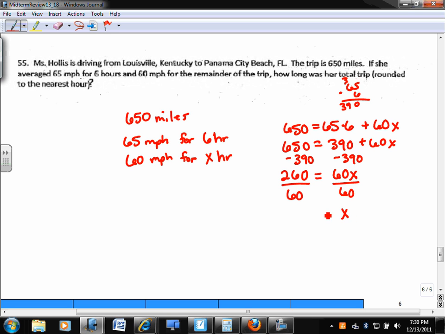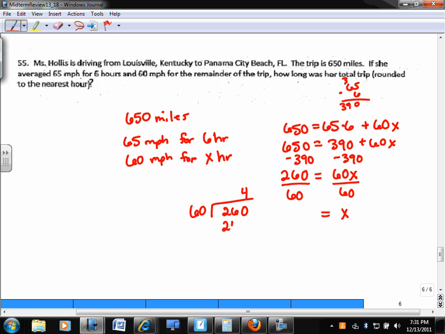We have x equals, well, how many times does 60 go into 260? We need to calculate that. So 60 does not go into 26. Well, but 6 goes into 26. So let's see how many times 6 goes into 26. It goes in there 4 times.